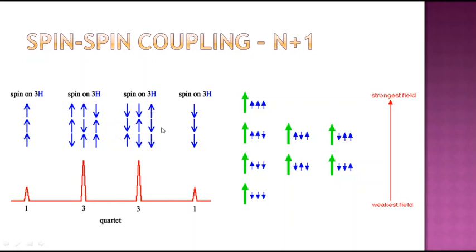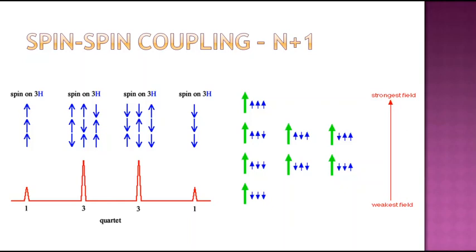If you see the ratio, it is 1:3:3:1, and therefore the signal of the proton, coupled by these 3 other protons, splits the energy into 4 in the relaxation process. During the relaxation process, it splits the energy like this because of different spin states, and this is called spin-spin coupling.